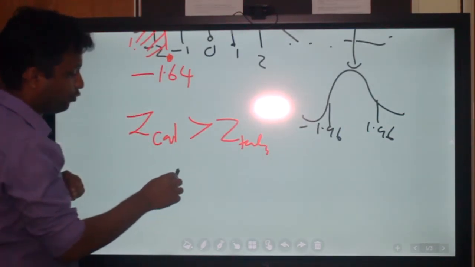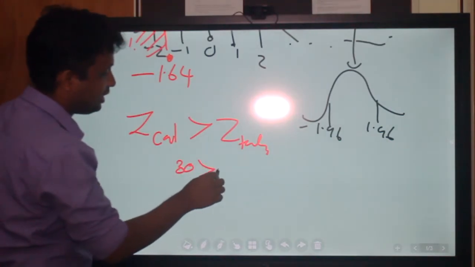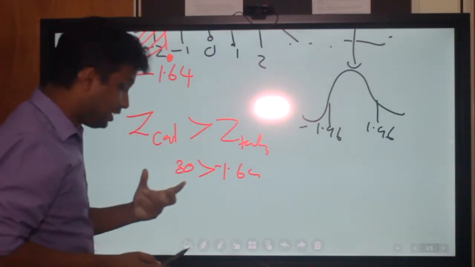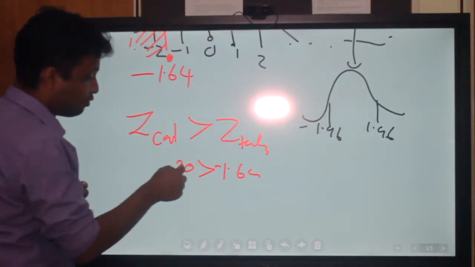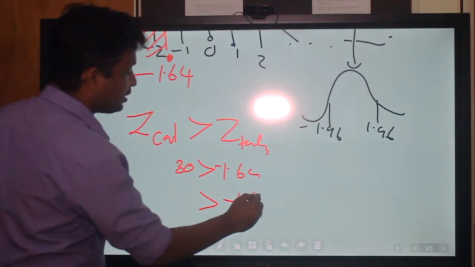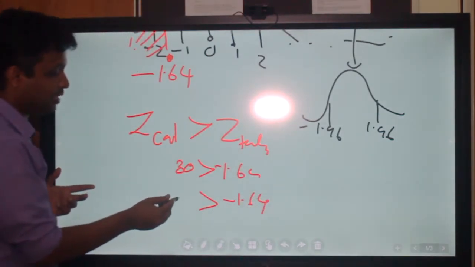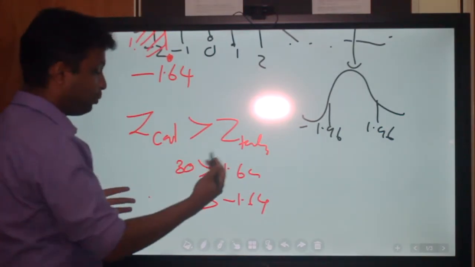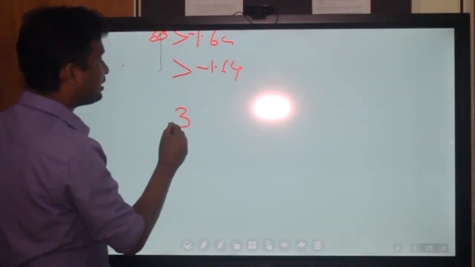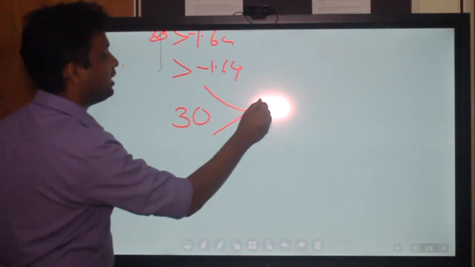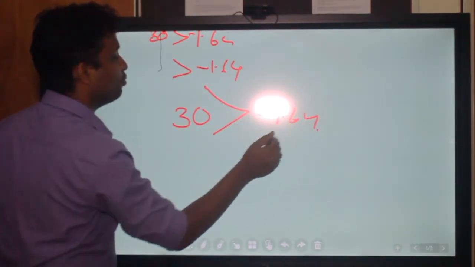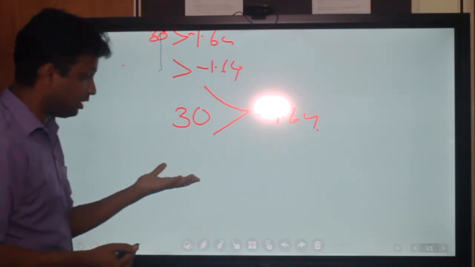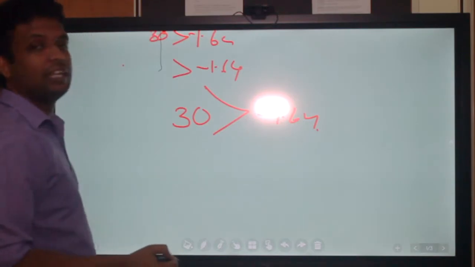Now we know that of course 30 is higher than minus 1.64, but in order to reject, this should be a minus value, or minus 1.64, and this value should be something high minus value, but it is totally opposite. So actually 30 is higher than minus 1.64, but in order to reject, as our alternative hypothesis is the other way around, we can't reject the null hypothesis.